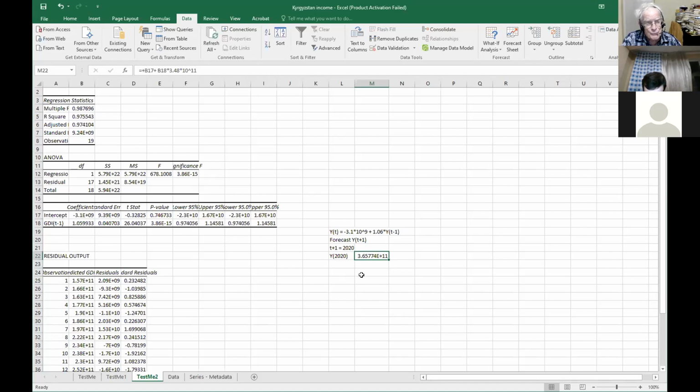But see, the forecast is for higher GDI in 2020 than in 2019.